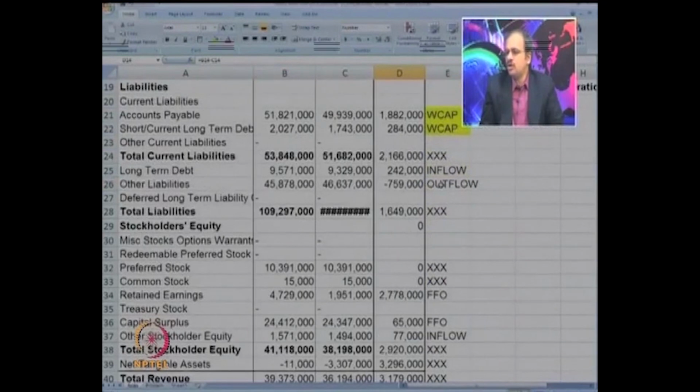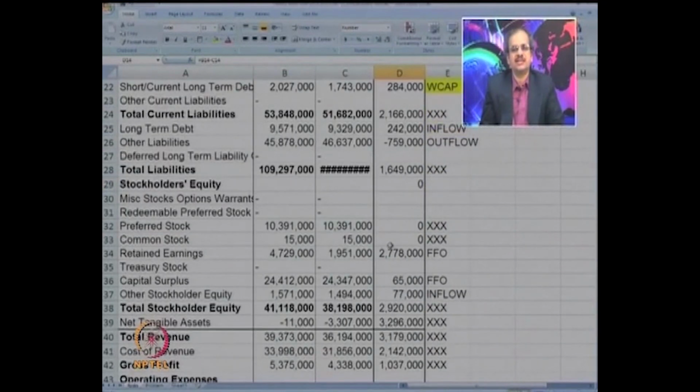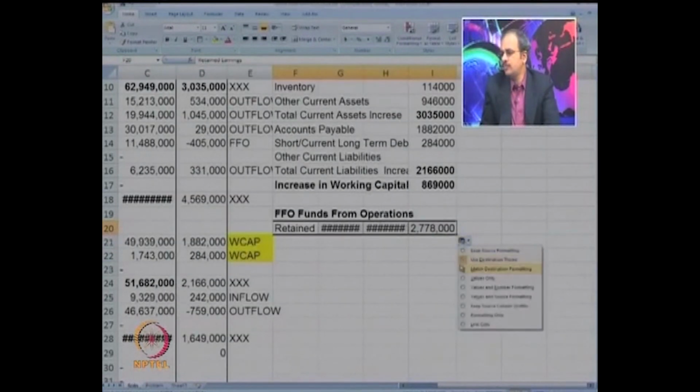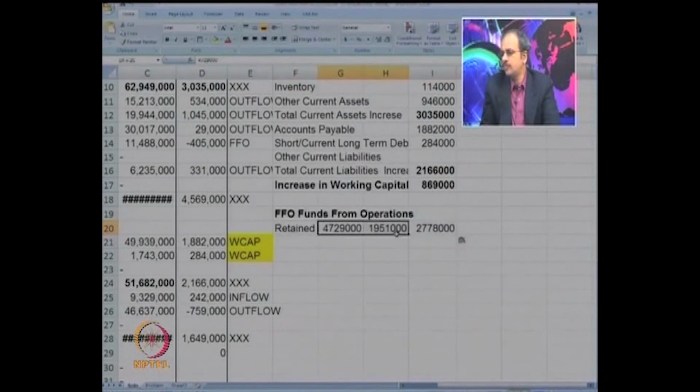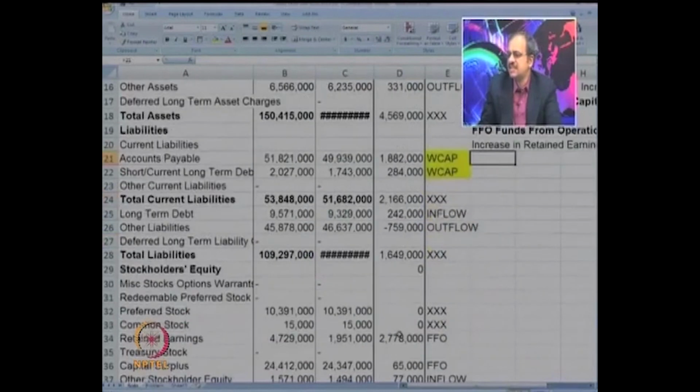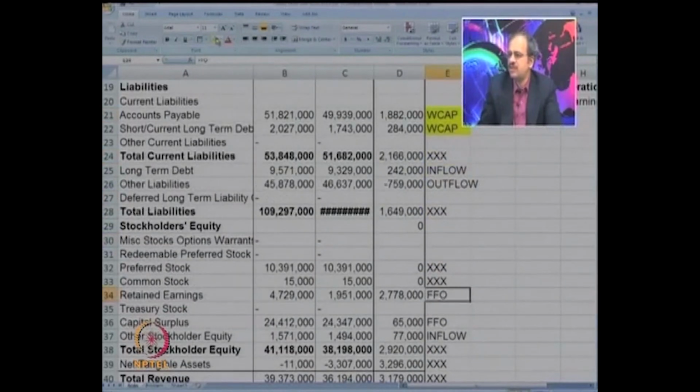If you go down, you will see one item on retained earnings that represents the profits earned. So let us take that first. So increase in retained earnings is one item which we have taken.